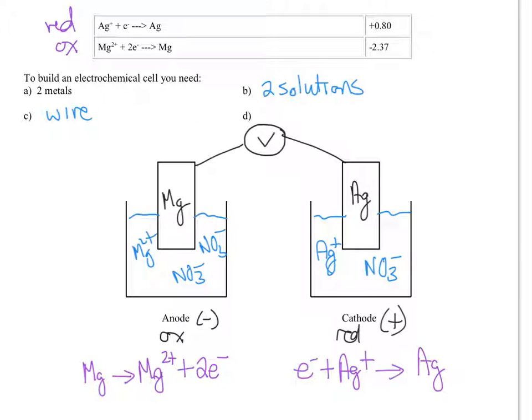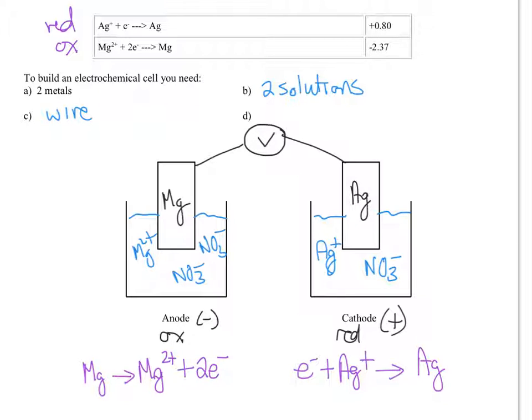No problem, just flip the reaction. If it's being reduced, flip it, it's going to give you the oxidation reaction. So if you flip this reaction, you'd get Mg yields Mg2+ plus 2 electrons, which is what we came up with. So you can come up with the reaction, or you can just copy them down. Just be careful that if it's reduction, you keep it as is. If it's oxidation, you flip it.